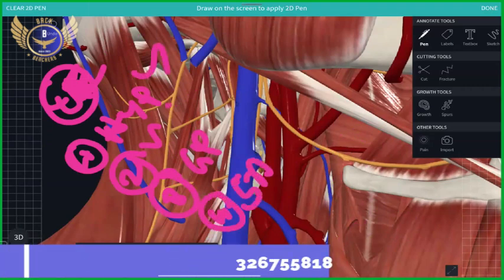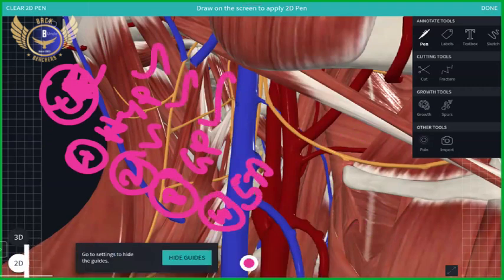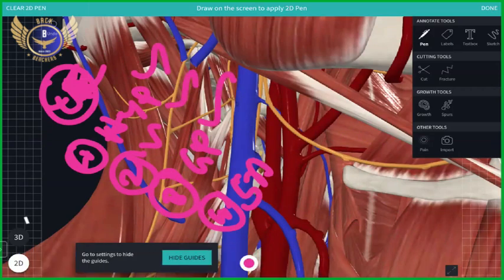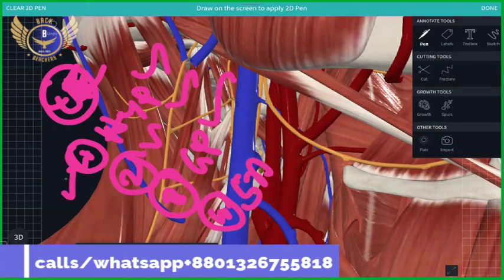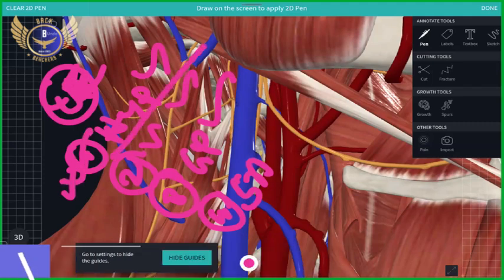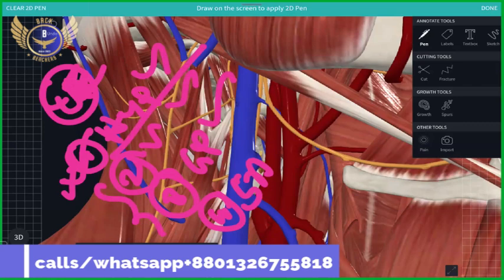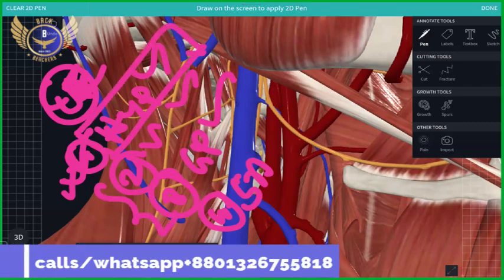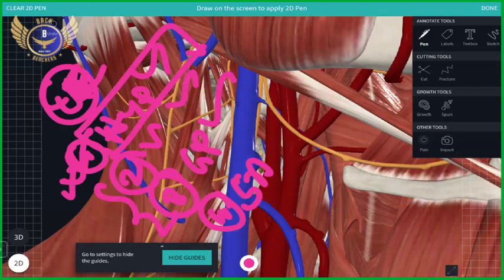All these three can get injured, but you have to choose the single best. Which one will you go for? You will go for the most common one, the hypoglossal nerve. That means all three can get injured, but this is the best choice because it is the most common one.